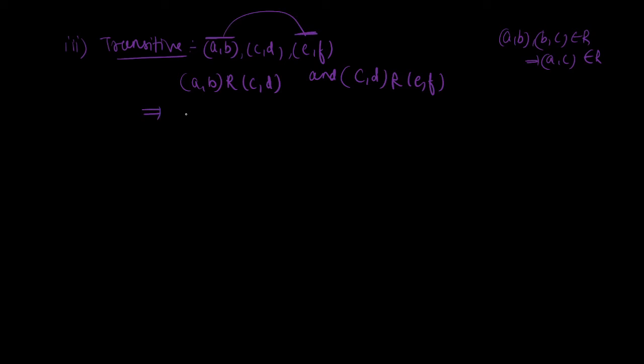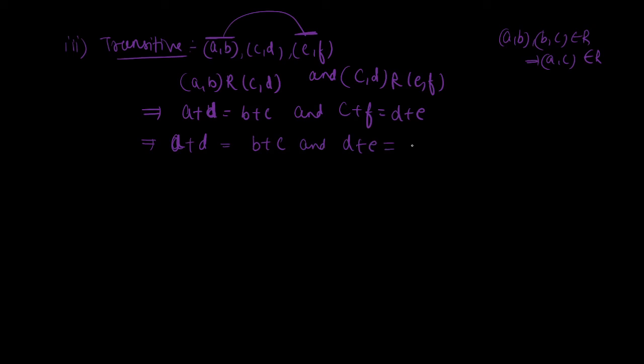Okay, so this implies that a plus d is equal to b plus c, and this implies that c plus f is equal to d plus e. So this can be further written as a plus d is equal to b plus c, and d plus e is equal to c plus f. Now I will subtract the corresponding terms, left hand side from left hand side.